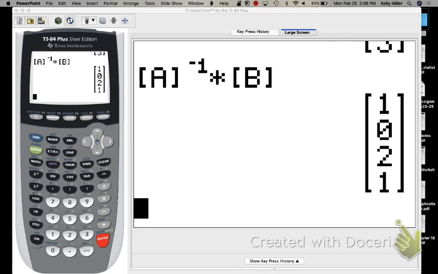So we've got 1, 1, 1, -1, 1, 0, 0, 1. What are we going to do? -1R1. Yep. Add it to R2. So 1, 1, 1, 0, 0.